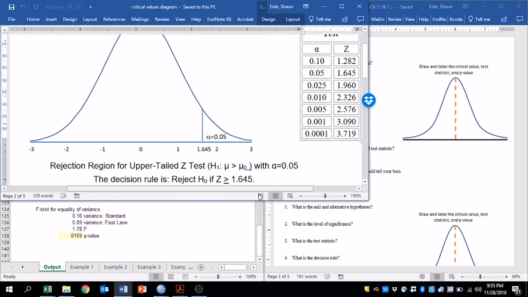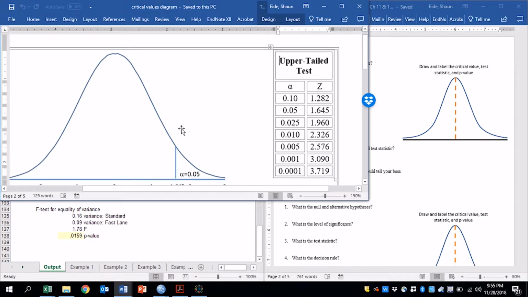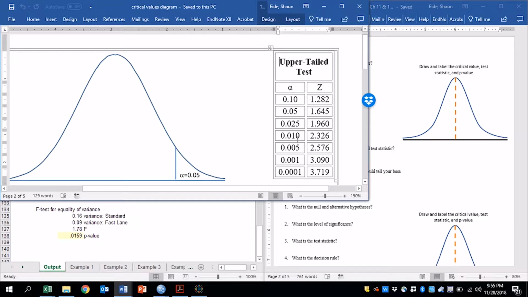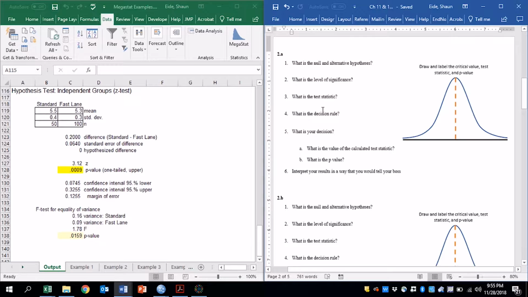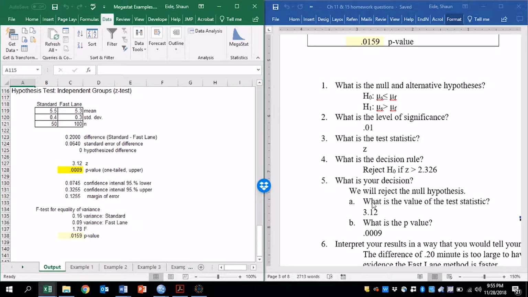So this is for a one-tailed, right-tailed test, and the critical value for 0.01 for a one-tailed, right-tailed test is 2.326. So the decision rule is we are going to reject the null hypothesis if z is greater than 2.326.